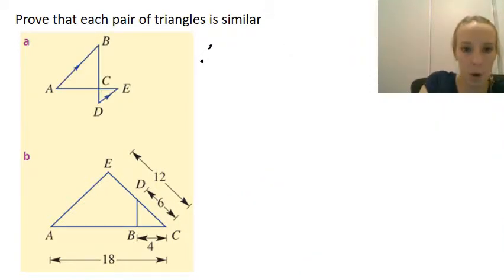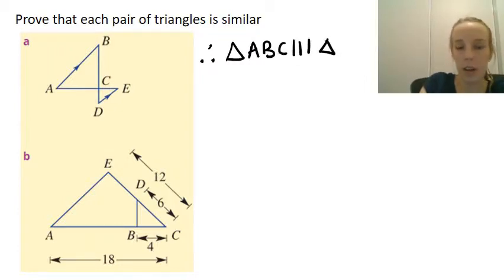So therefore, triangle ABC is similar to triangle, now I've forgotten where my angles were. So that one was there, that corresponded to that angle. So what's that?